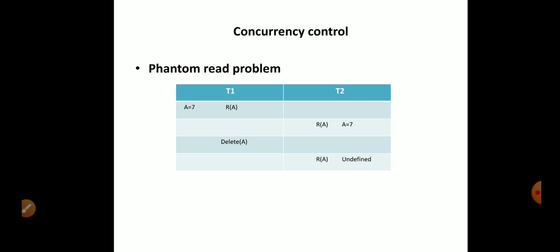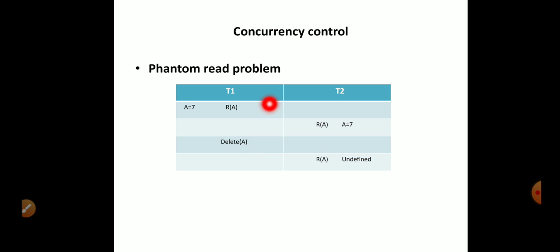The last problem is the phantom read problem. This problem occurs when a transaction reads some variable from the buffer and when it reads the same variable later, it finds that the variable does not exist. In this situation, T1 reads the value of A as 7 and T2 reads the value of A as 7. After some time transaction T1 decides to delete the value of A. Any transaction can delete an instance or schema of the database.